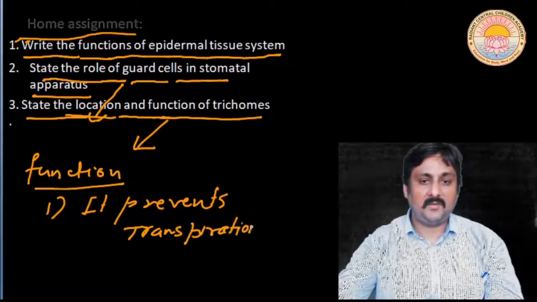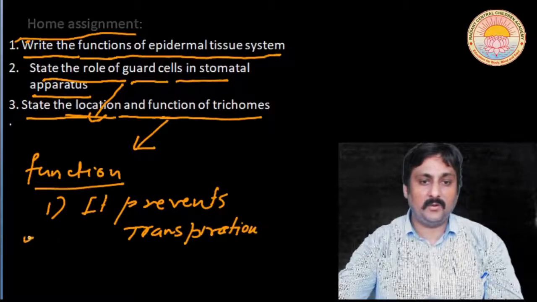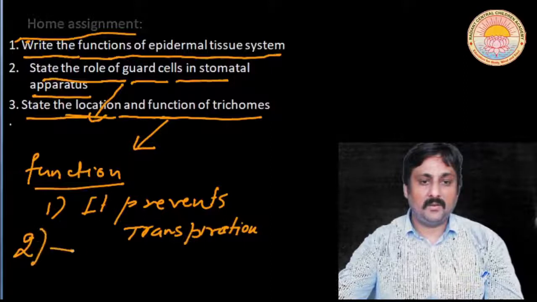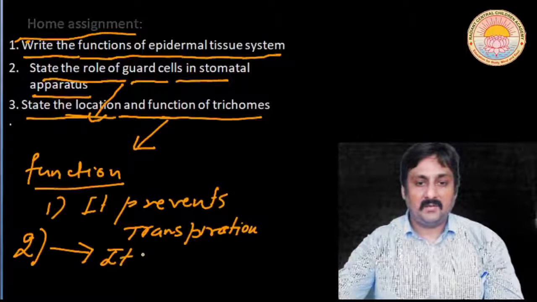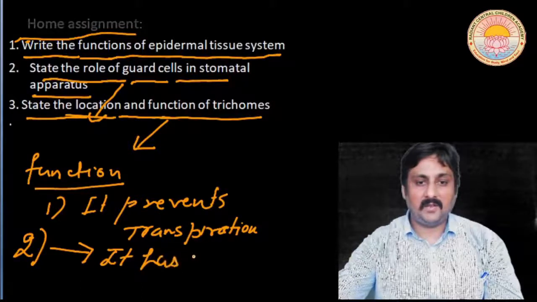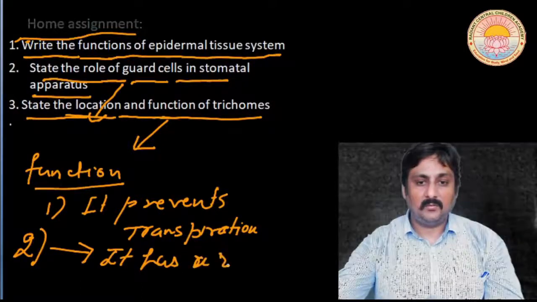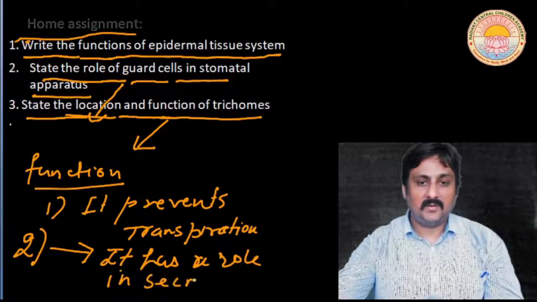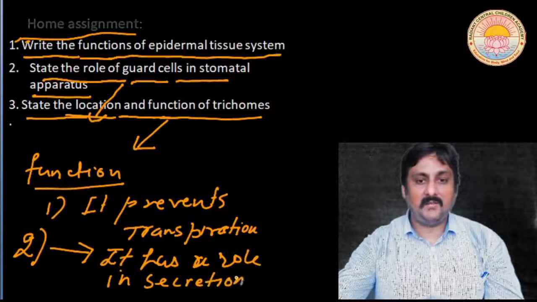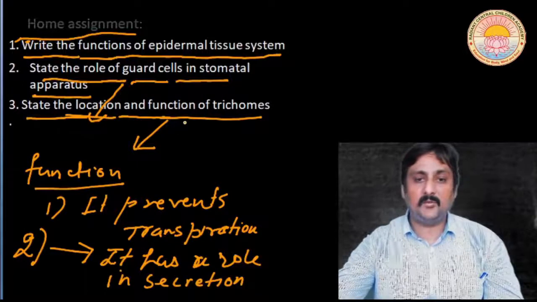Excess transpiration is not useful for plants, you know it well. Now what is the second function? It can be secretory in function. It has a role in secretion. It can be multicellular as well as unicellular trichomes.